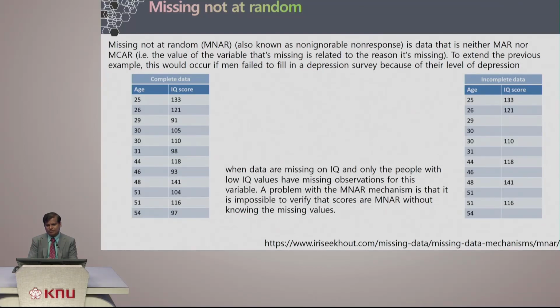Data are missing on IQ, and only the people with low IQ values have missing observations for this variable. A problem with this missing not at random mechanism is that it is impossible to verify it without knowing the missing values.